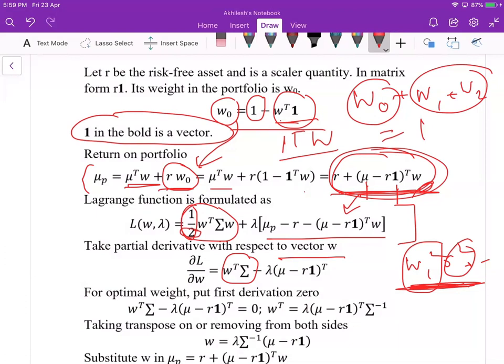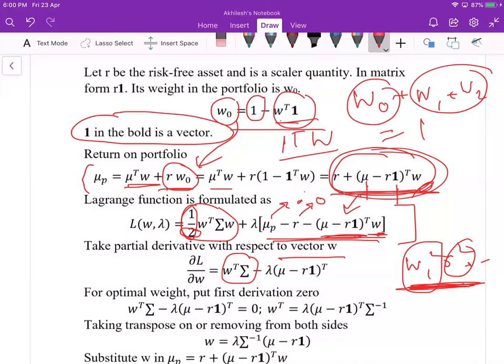Okay, and differentiate this one. Lambda is constant, mu is constant, this becomes 0. R is constant because it is given, this becomes 0. And this is all constant, and when you differentiate w with respect to w, it becomes 1.